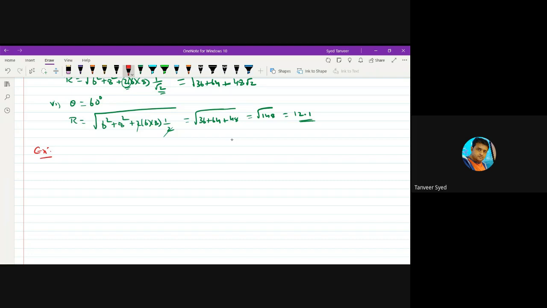Say we have two vectors, two vectors having magnitudes 3 and 4, in any unit, are making angle 60 degree with each other.